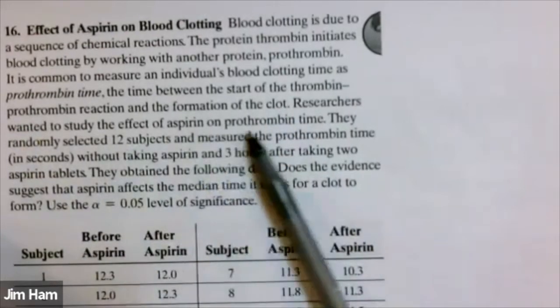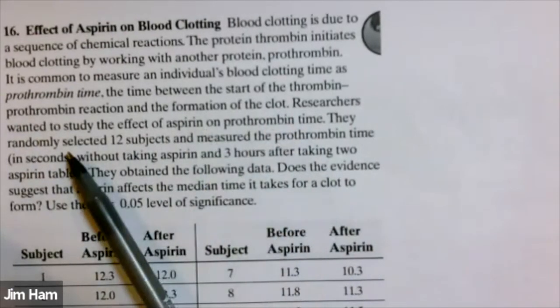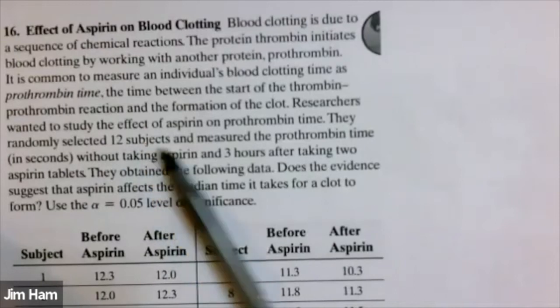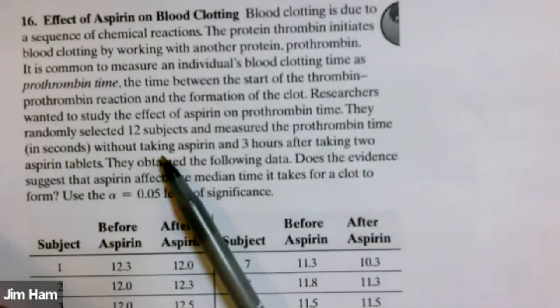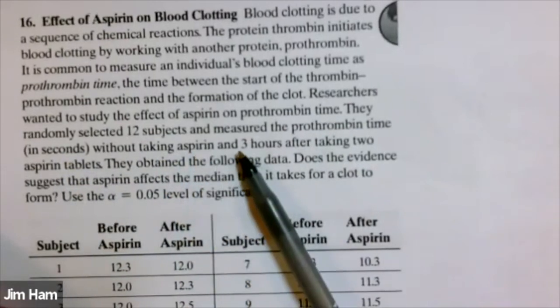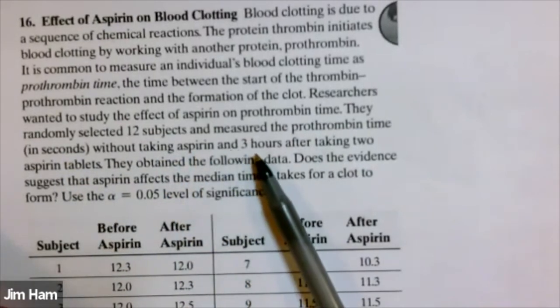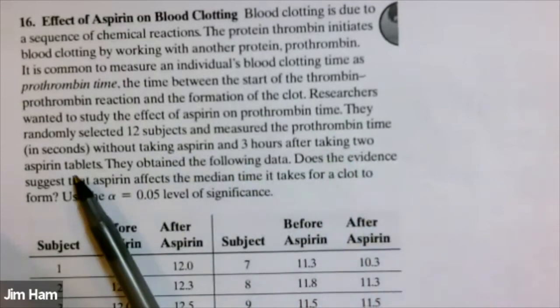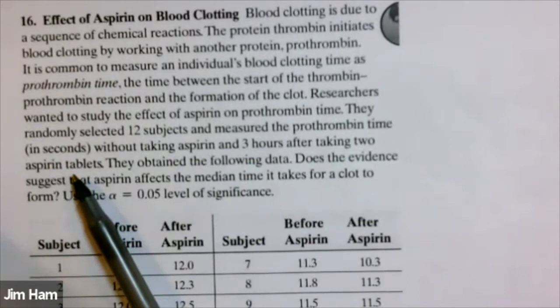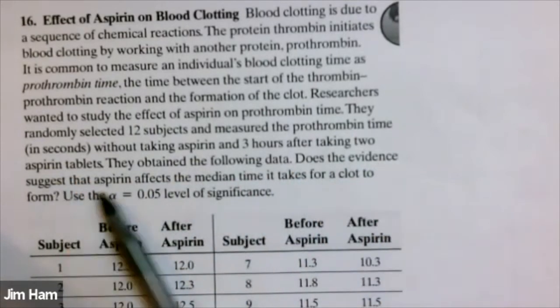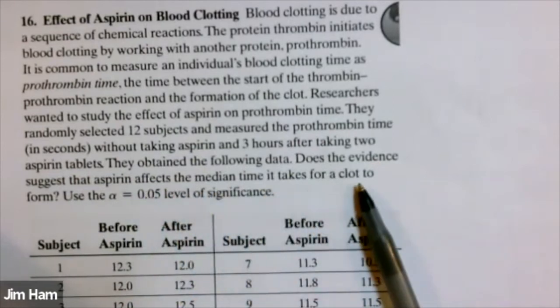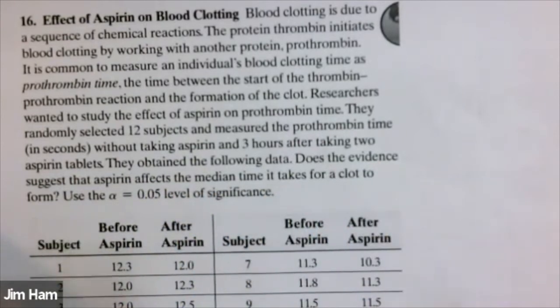Researchers wanted to study the effect of aspirin, so they randomly selected 12 subjects and measured the time in seconds without taking aspirin, and 3 hours after taking 2 aspirin, now that the aspirin's in the body, they looked at the clotting time as well there. Okay, so does the evidence suggest that the aspirin affects the median time it takes for a clot to form? All right, so that's the problem.